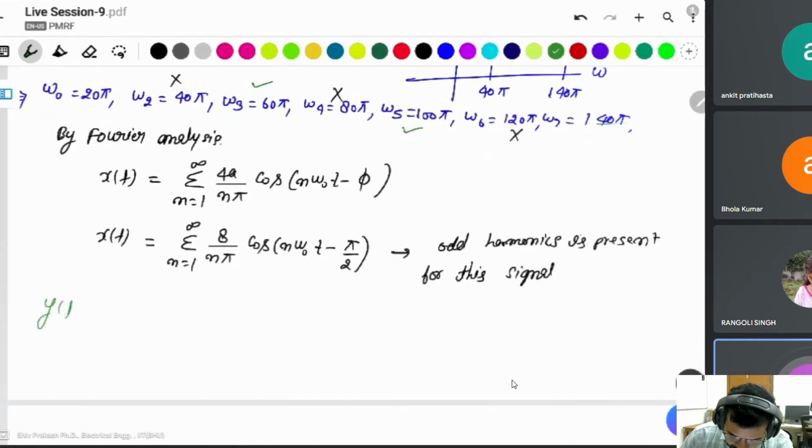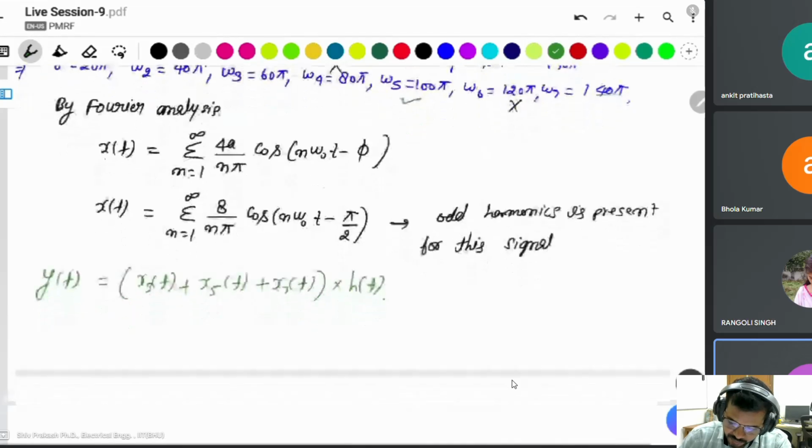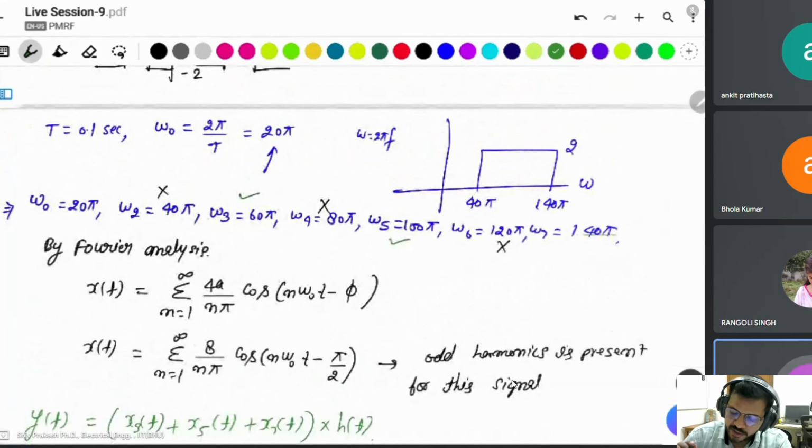Then the output of the filter is equal to x3t plus x5t, the third, fifth and seventh harmonics only, into ht. The magnitude of the filter is 2.